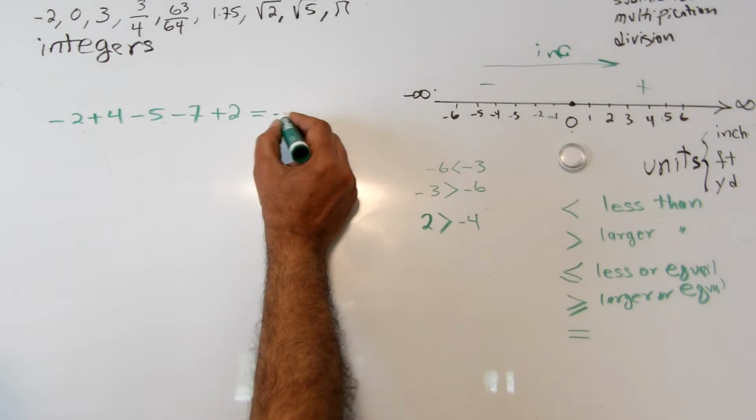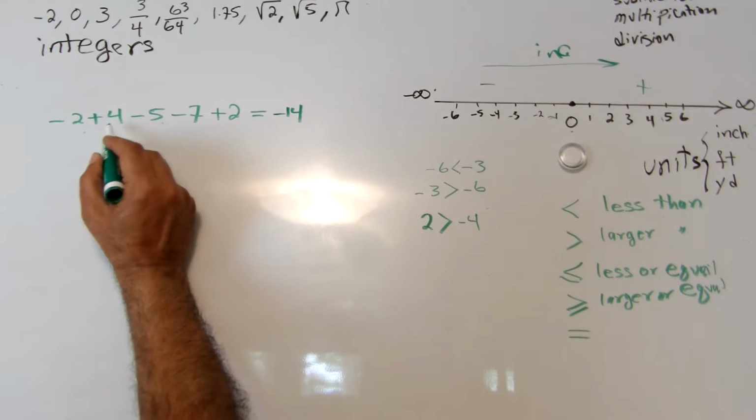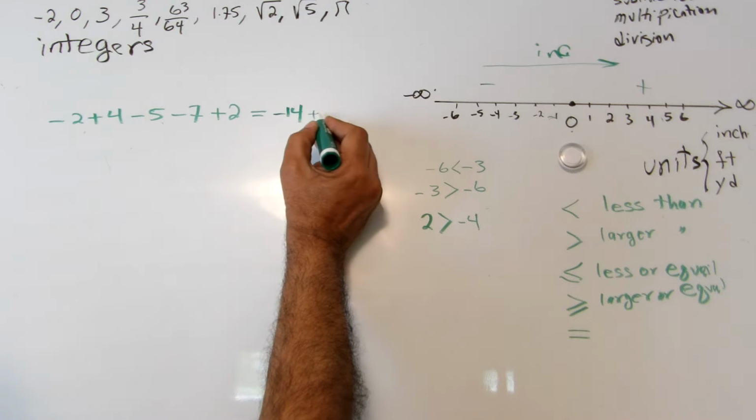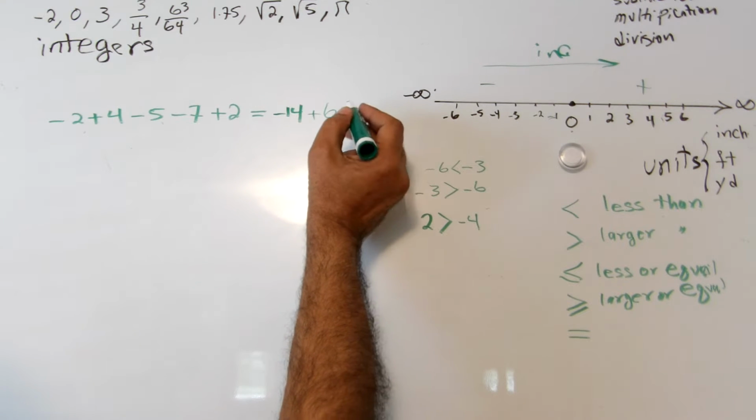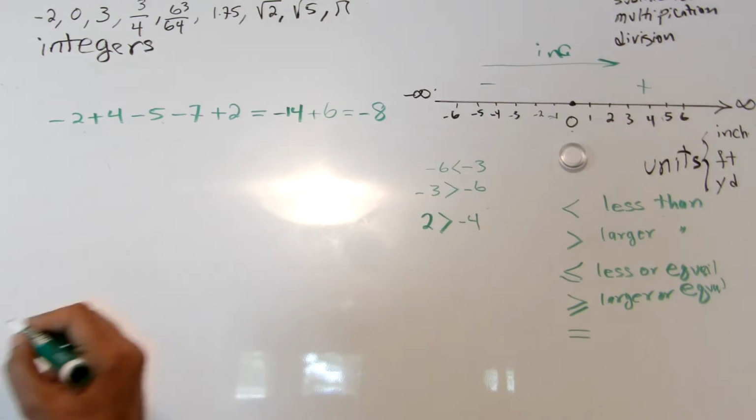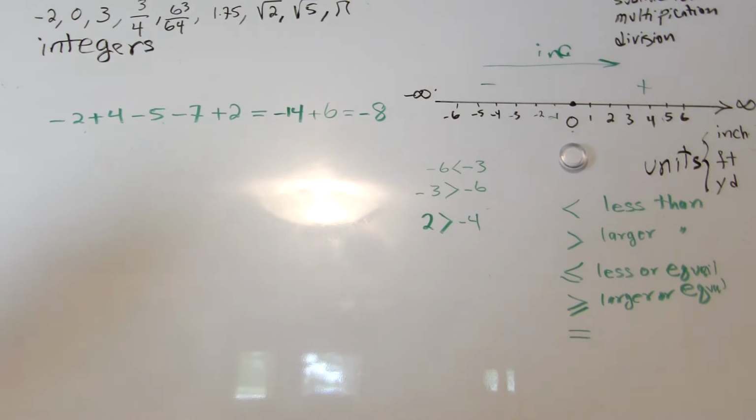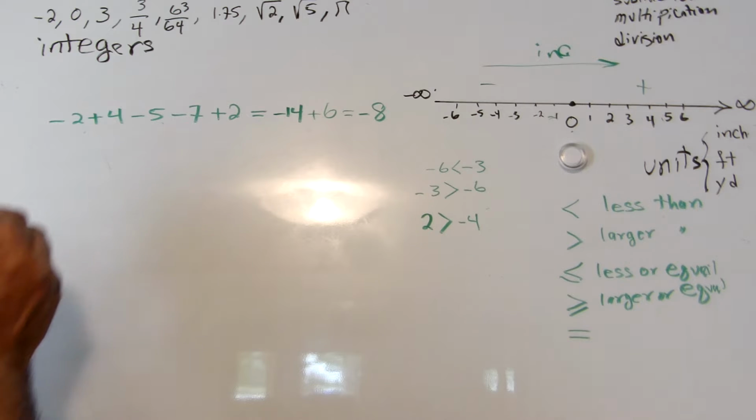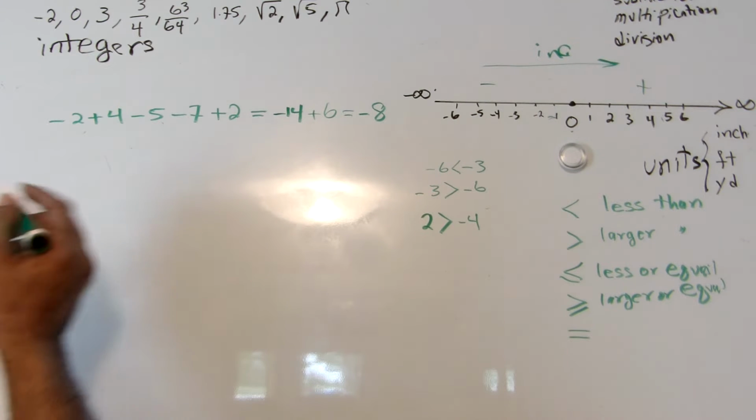We have -14 here, and then 4 plus 2 is 6. So the result is going to be -8. So we add all those negative numbers together and positive integers together, and we get the result.